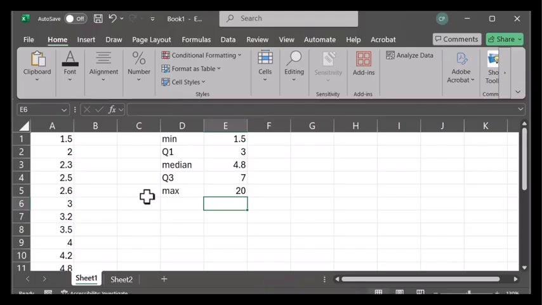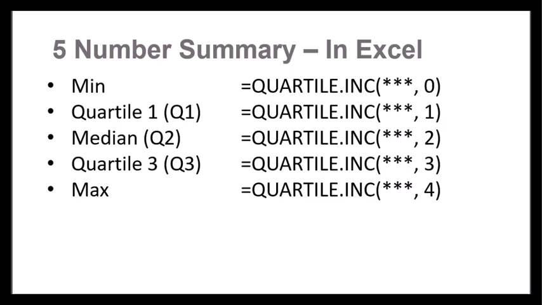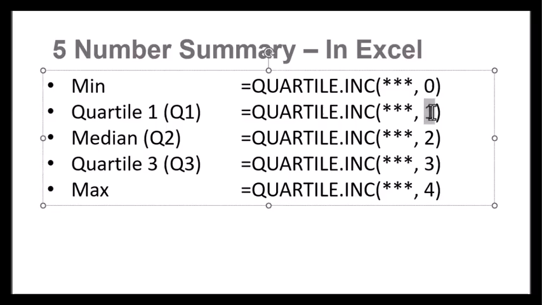These are the same values that I computed by hand in the previous video. Just as an aside, if you want to, you can compute all of the 5 numbers using the QUARTILE.INC function. We used QUARTILE.INC with quartile 1 and quartile 3, but it can actually compute quartile 0, 1, 2, 3, or 4. The 0 and 4 correspond to the min and the max, and quartile 2 is equivalent to the median.